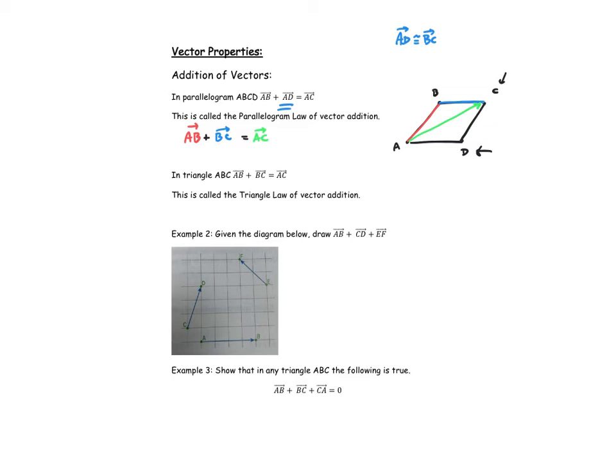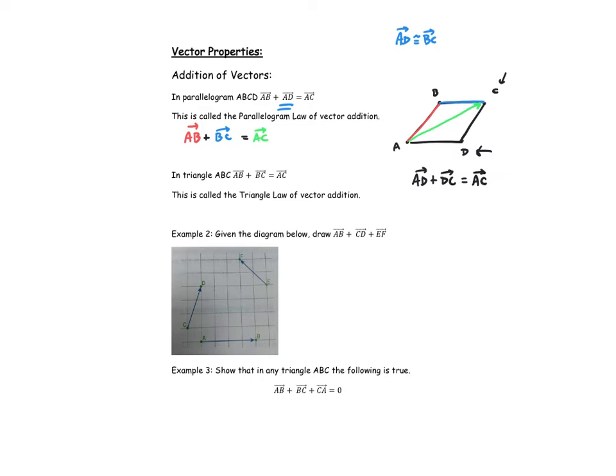But that is the parallelogram law of vector addition, right? So provided I end up where I want to finish, I could get to C however I want. So I could technically say that AD plus DC gets me the same vector AC.